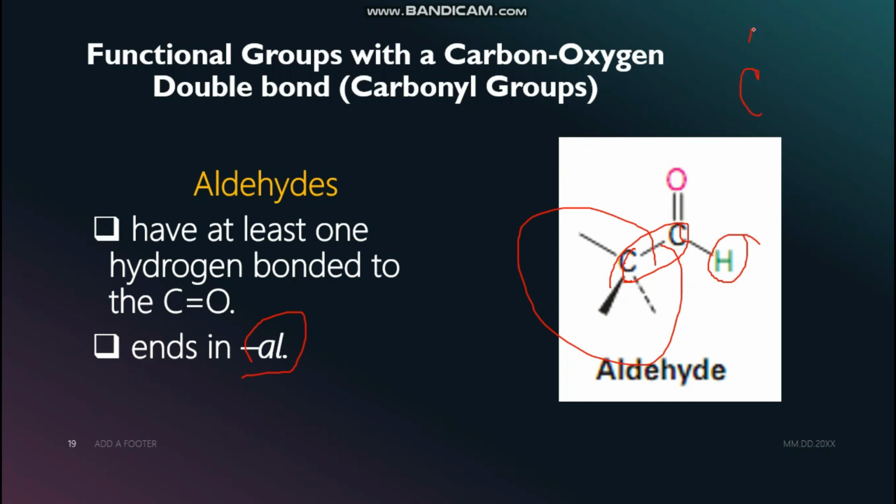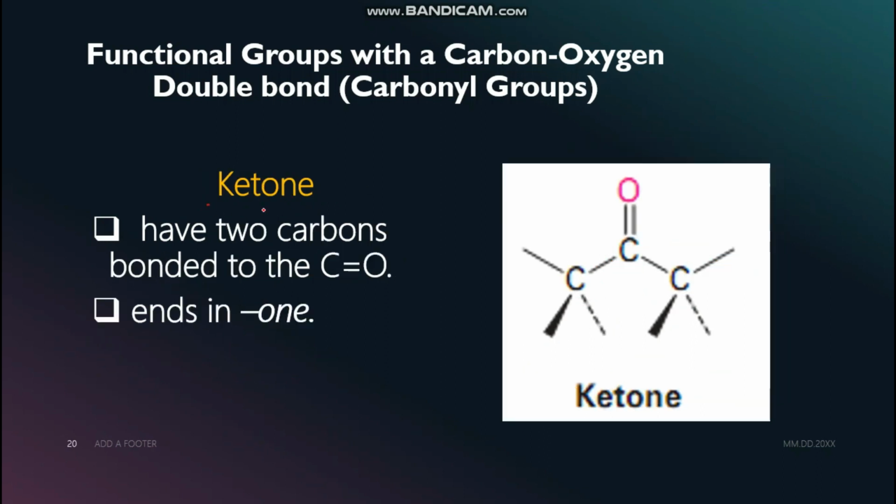But if we have just one carbon, just like this, so this is known as methanal or commonly known as formaldehyde. So next we have the ketone. So ketone have two carbons bonded to the carbonyl group and it ends in one. So just like the name itself.